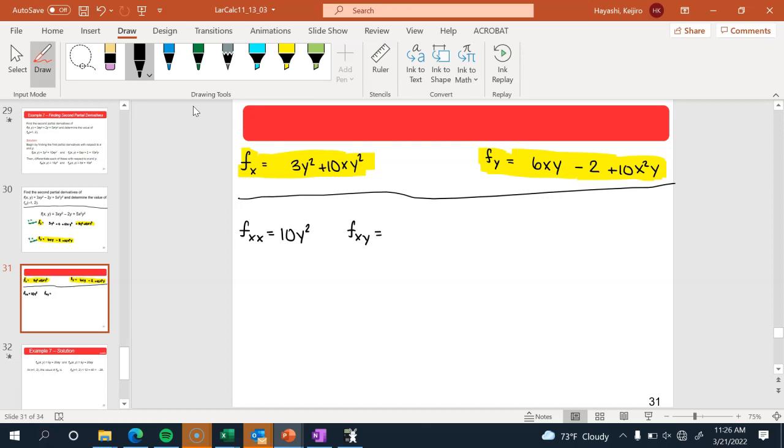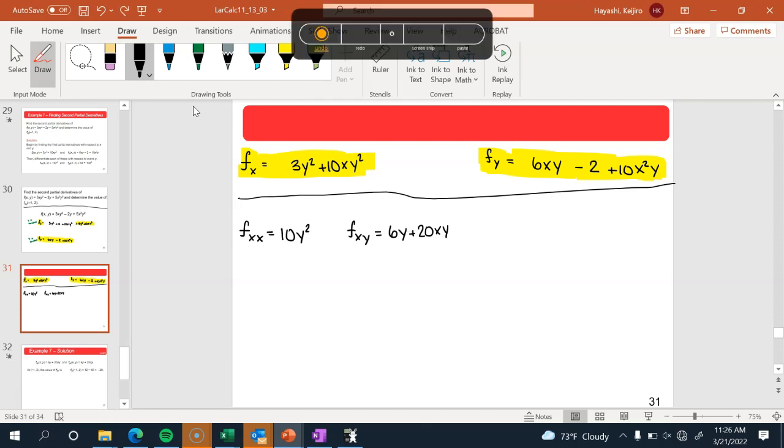If we take the partial derivative of f sub x, this first partial derivative, with respect to y, that's going to be 6y plus 20xy. x is a constant for this one. So that's a mixed partial derivative that we have there.